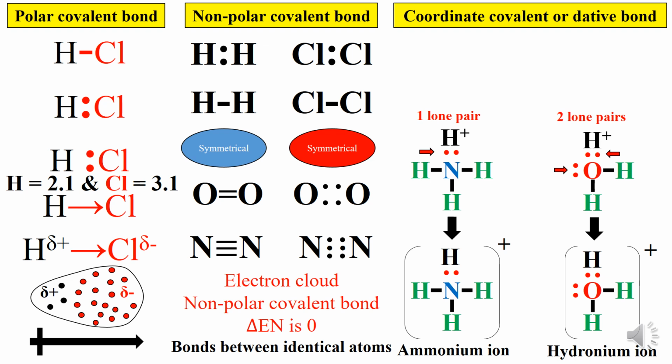So generally speaking, coordinate covalent bond or dative bond is exhibited by molecules having heteroatoms like nitrogen and oxygen with one or more lone pairs of non-bonding electrons, like in case of ammonia and water molecule.